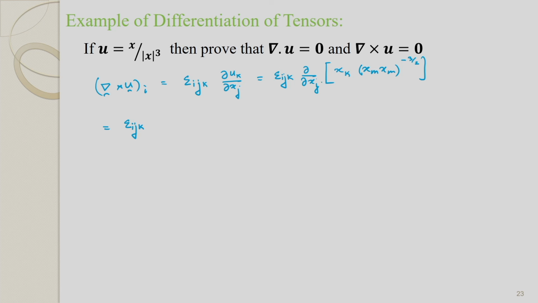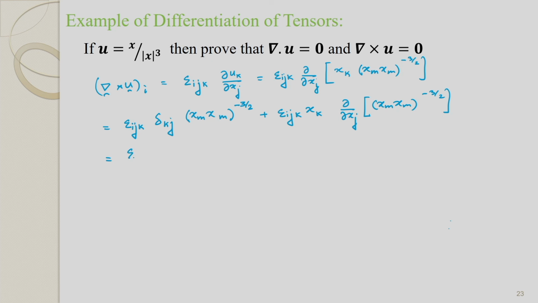So this is del xk by del xj, that is delta kj, and the other term will be del by del xj of xm to the power minus 3 by 2.